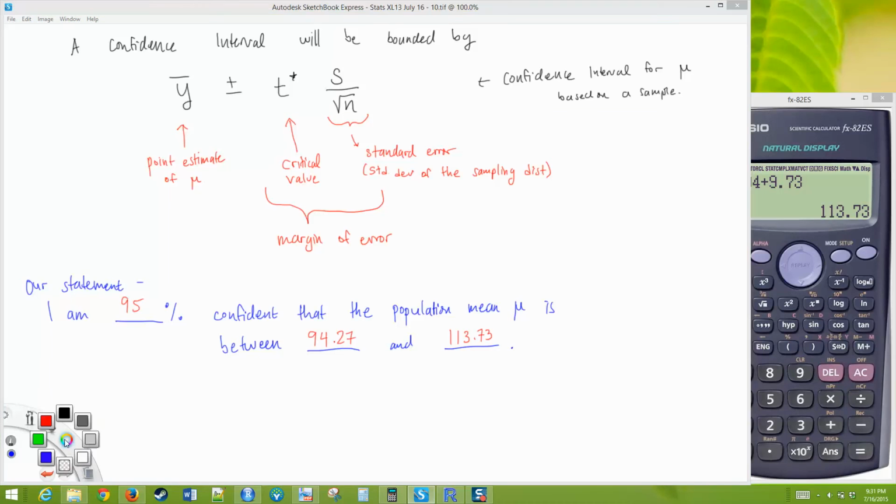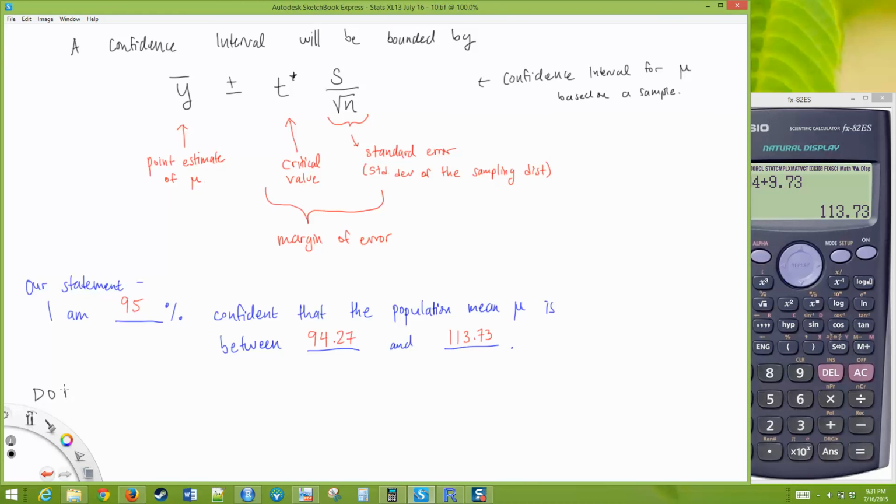Do not say there is a 95% probability that mu is between 94.27 and 113.73. So don't say this.